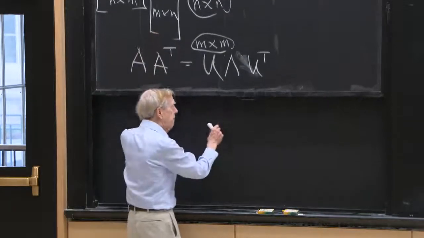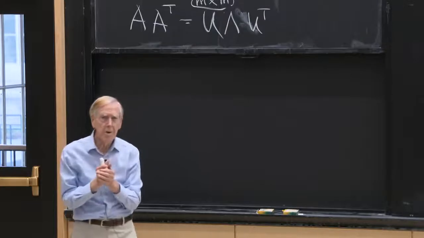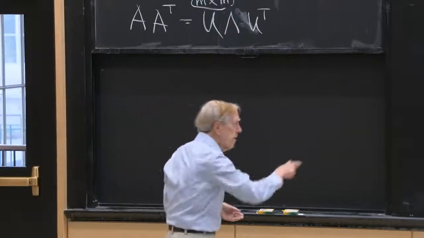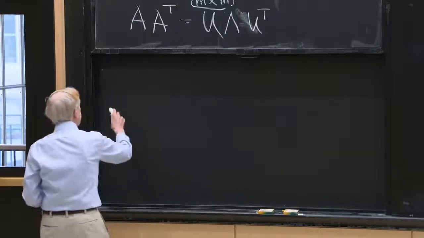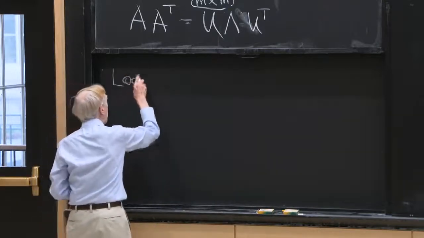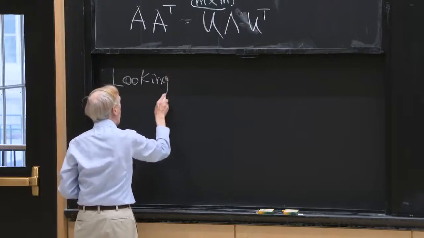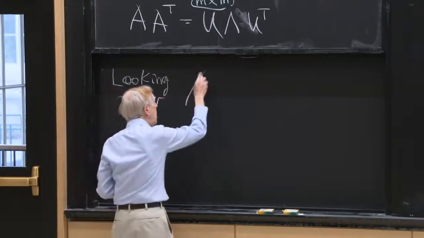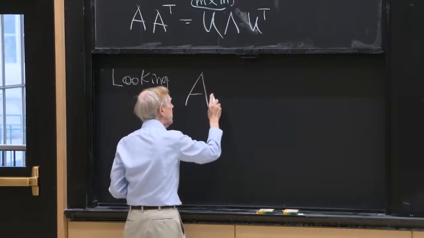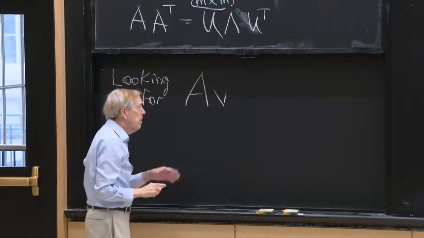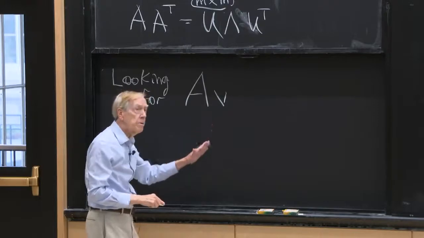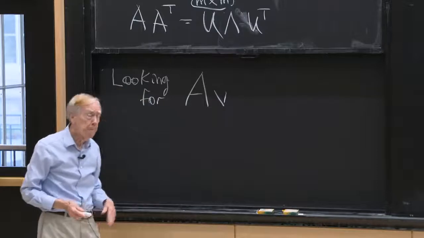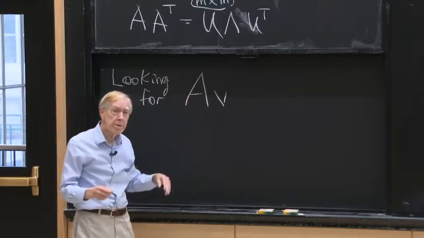Okay. So fresh start on the singular value decomposition. What are we looking for? Well, as a factorization, we want vectors V so that when I multiply by V, if it was an eigenvector, it would be AV equal lambda V. But now A is rectangular.